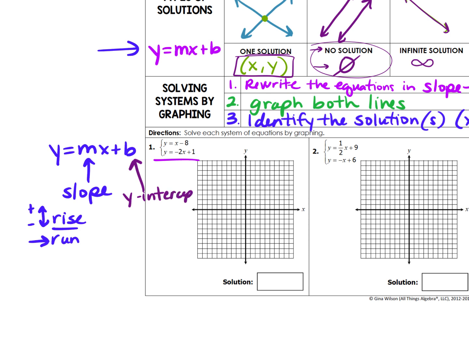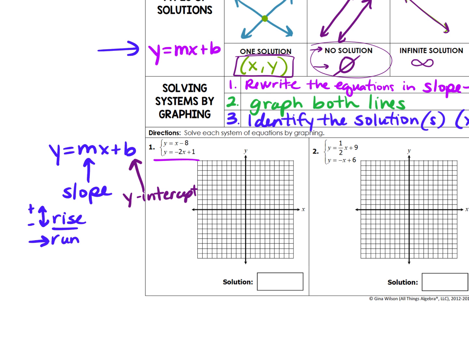Y-intercept. Okay, can someone tell me what a y-intercept is? What does that mean? It is your starting point. The y-intercept is not the line itself, but it is on a line.